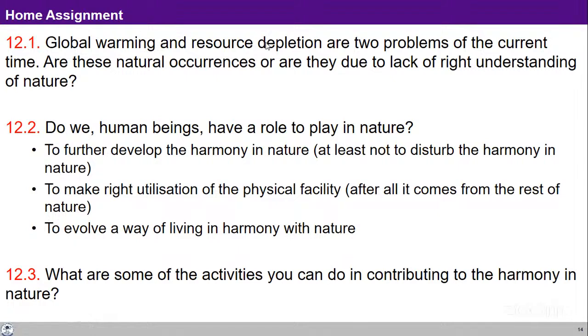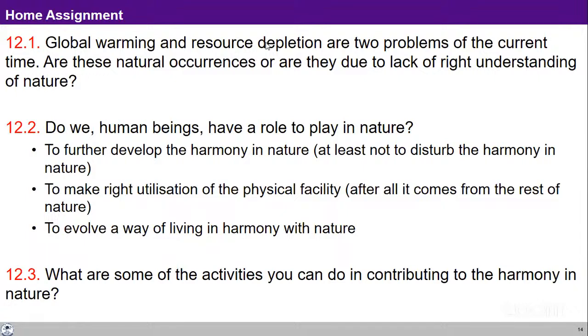Kindly write in the chat box what you think about global warming and resource depletion. Are they natural occurrences or due to lack of right understanding?